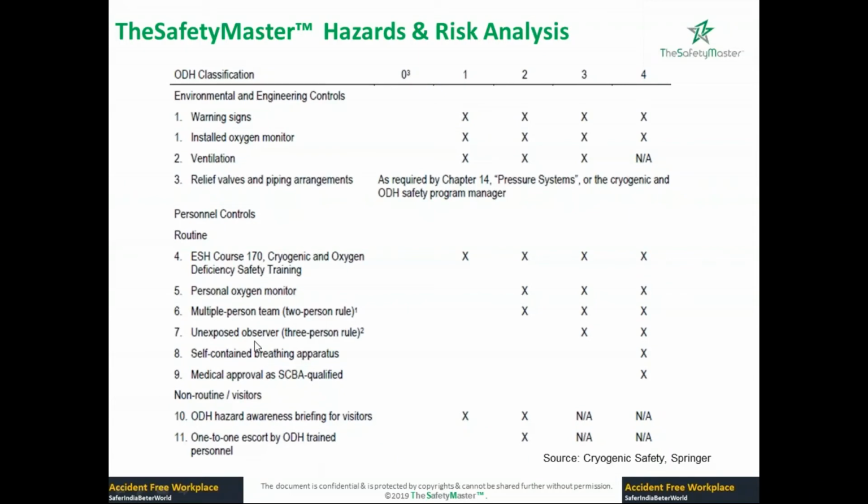And self-contained breathing apparatus only for ODH 4, with medical approval and qualification. And for visitors, only ODH 1 and 2 are allowed. So this is how it is classified, and this is how the risk assessments are done.